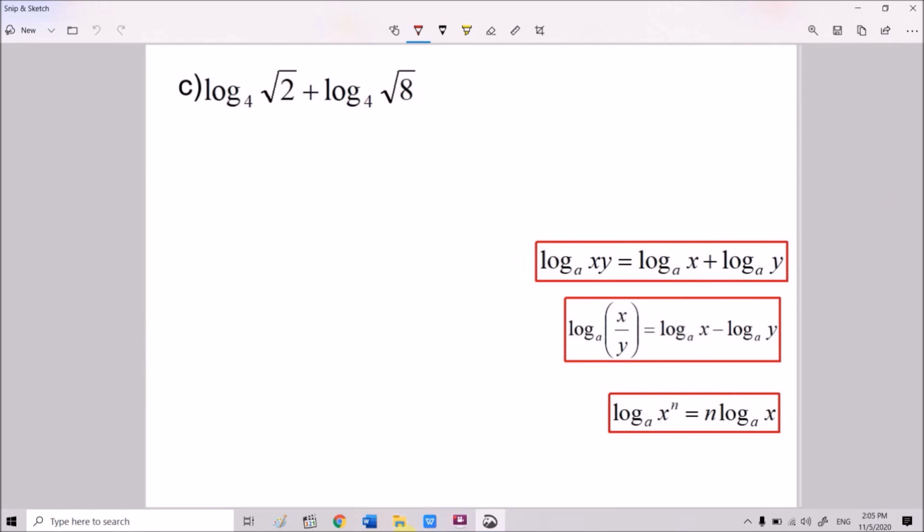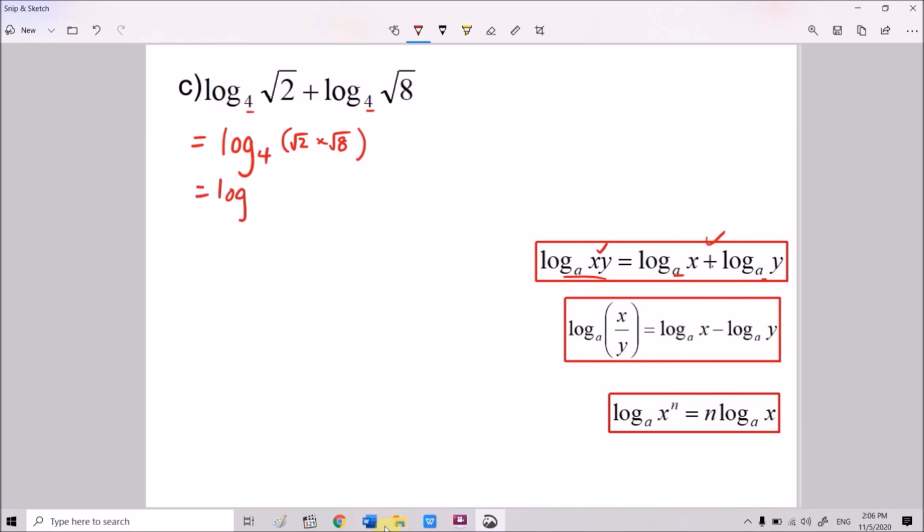Okay, for this, log base 4 of square root of 2 plus log base 4 of square root of 8. Since they have the same base, we can use the product law. So the same base, when you add them, you can combine them. So we try to combine them, simplify them. So we have base 4, this is square root 2 times square root of 8, because x multiplies y here.